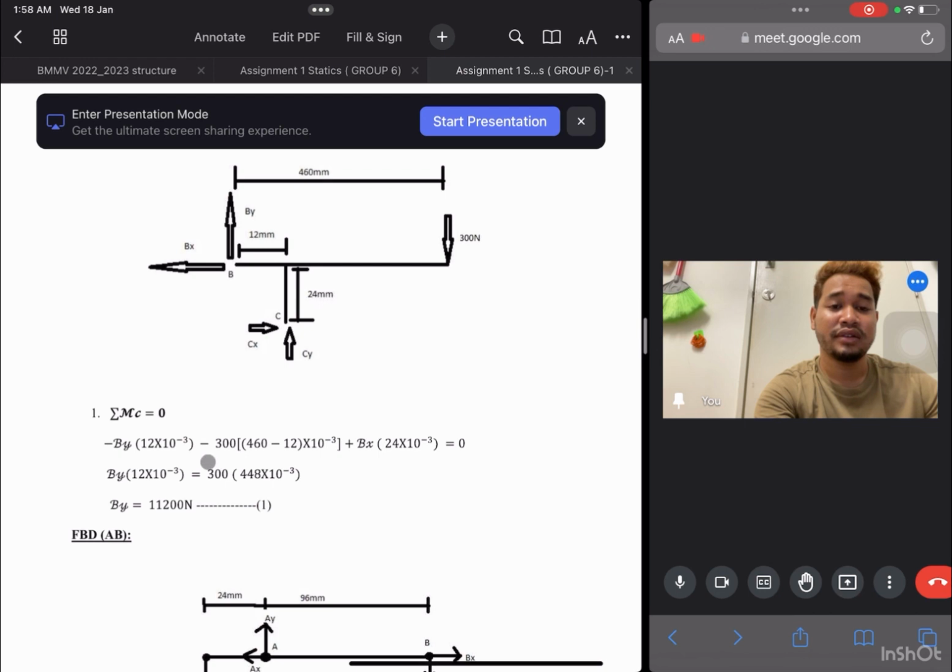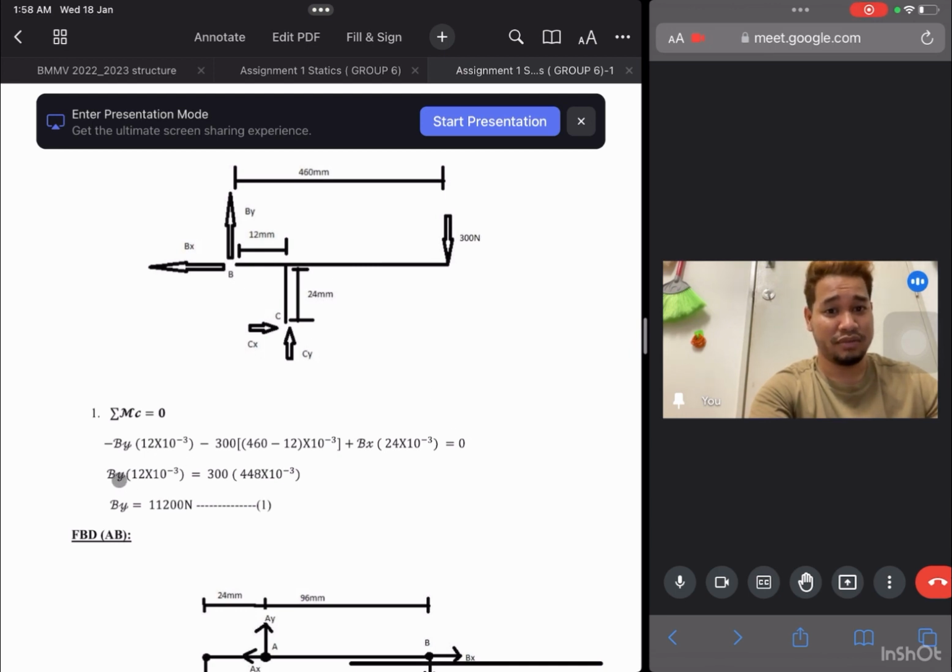And then minus 300, this force, and the displacement we got here is 490 times 10 power negative 3, and then plus Bx times the displacement 24 times 10 power negative 3, equal to 0.